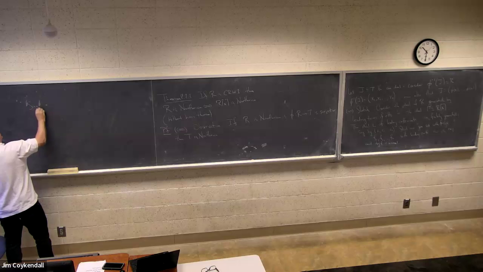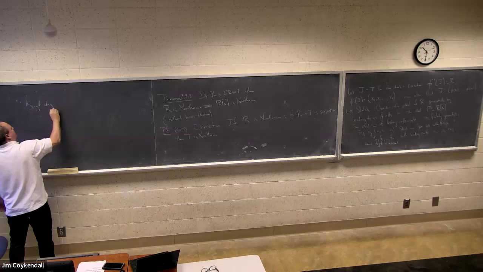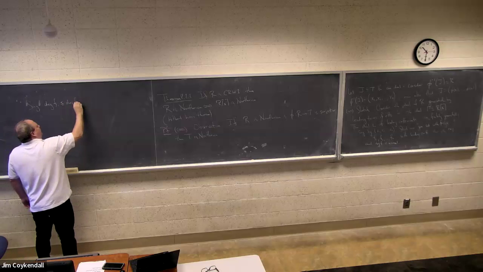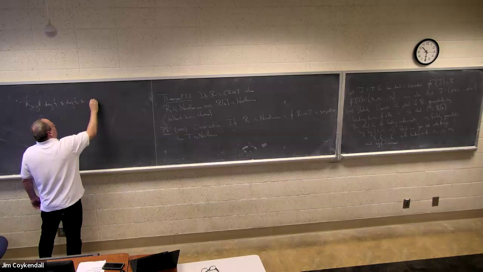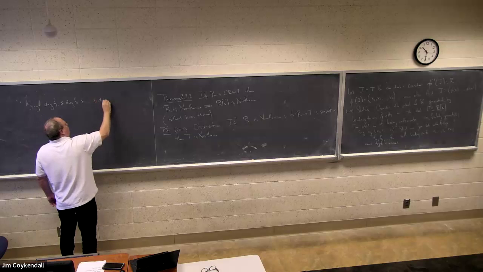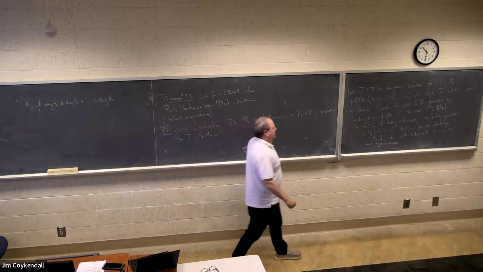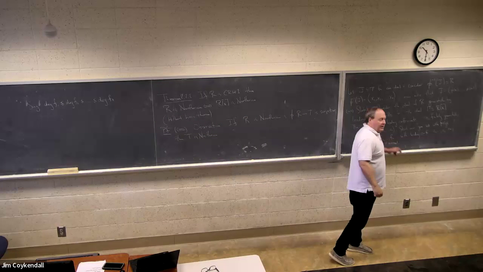Let's say the degree of F1 is less than or equal to the degree of F2, less than or equal to and so on. So let's say that I've arranged these polynomials where the degree is non-decreasing.